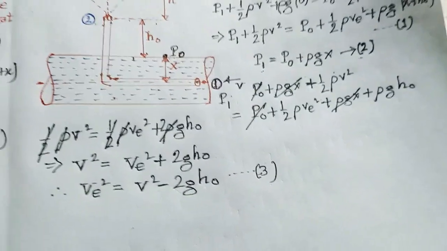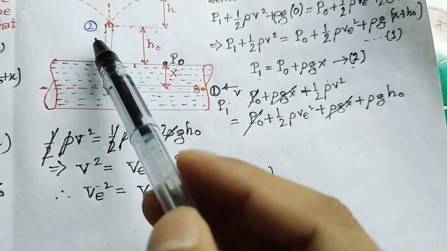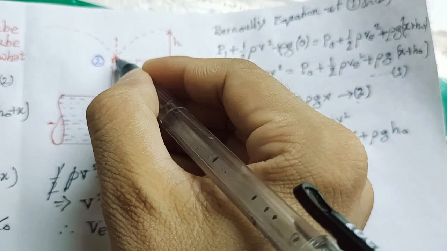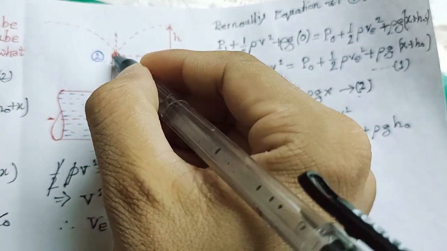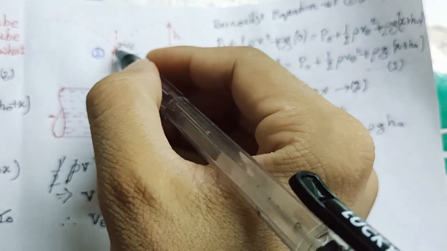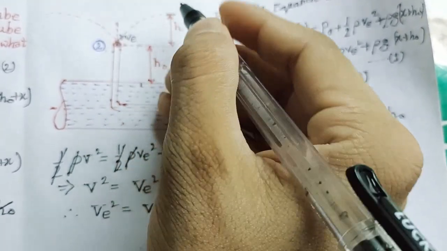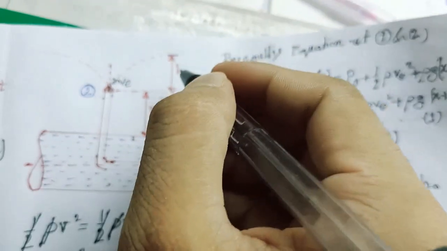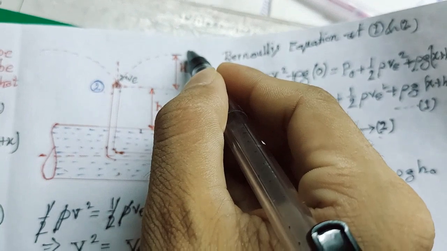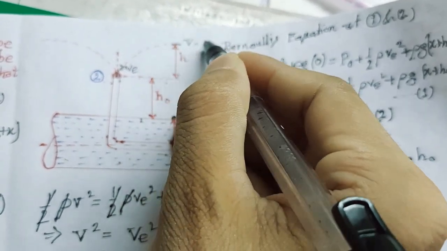Now we'll consider the velocity after the point 2. The velocity at the point 2 is the velocity of efflux, that is v e, and when it reaches the height h, its velocity will become 0, as in free fall.